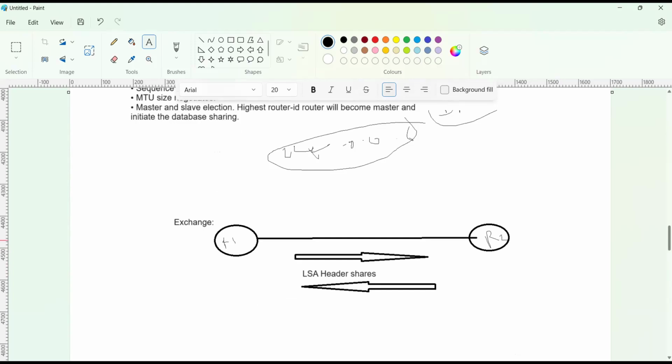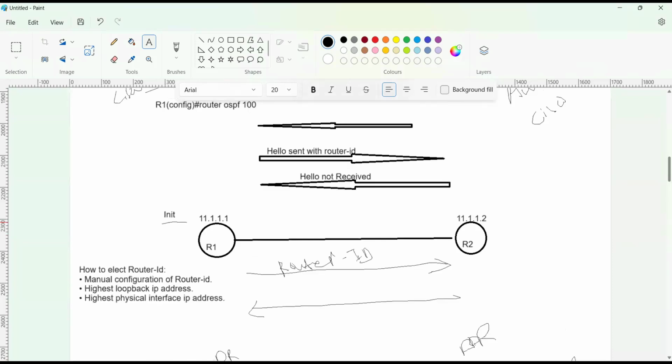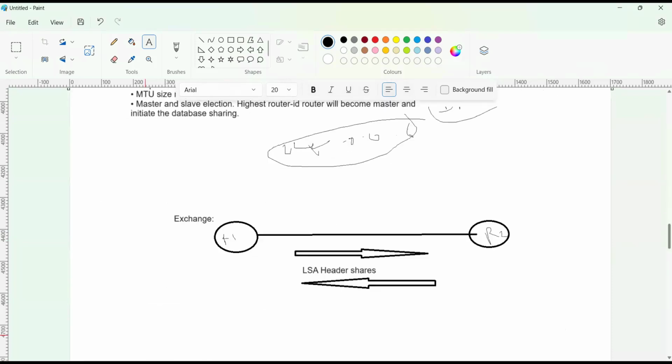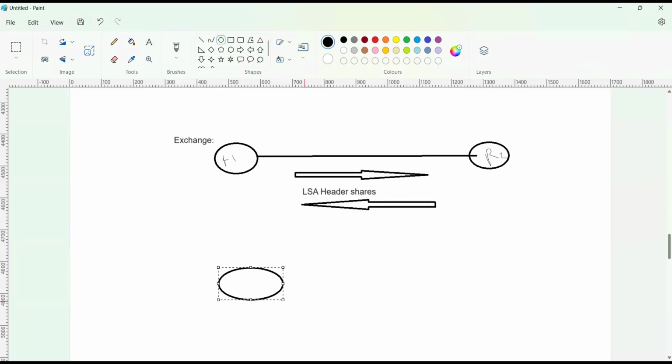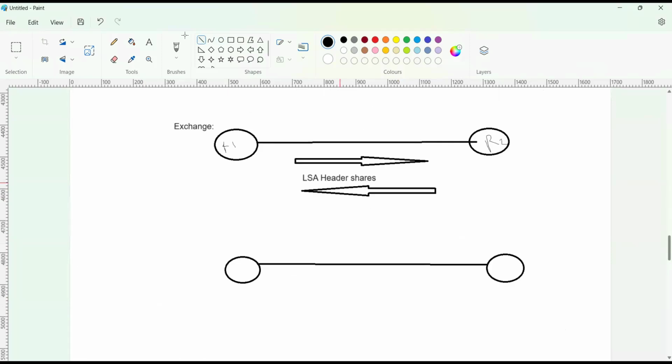Once the exchange state happens, then comes the loading state. In the loading state, first they will send an LSR, link state request, for LSAs. So first exchange, after that, which one? The loading state. Which messages do we have here?